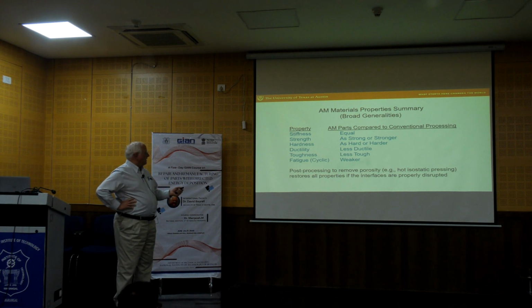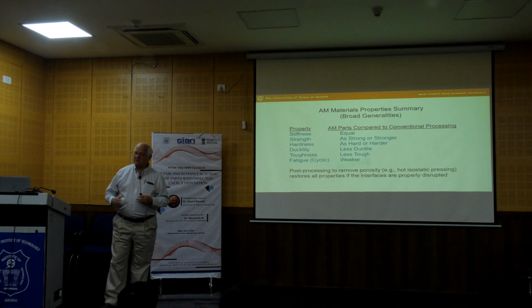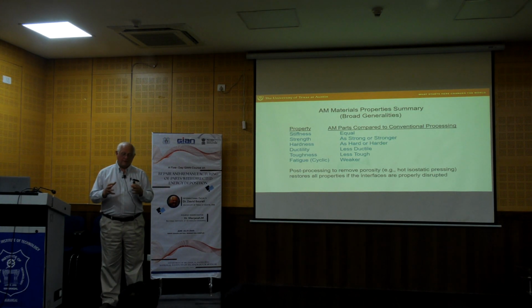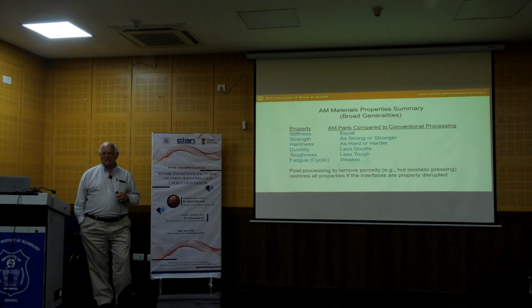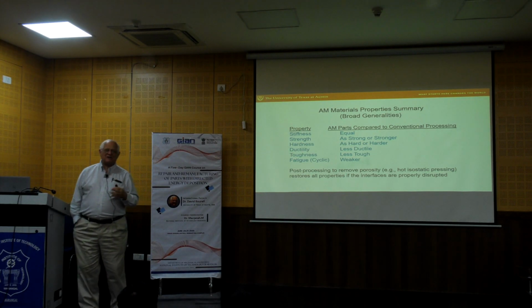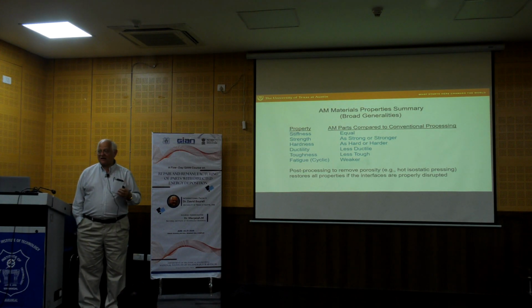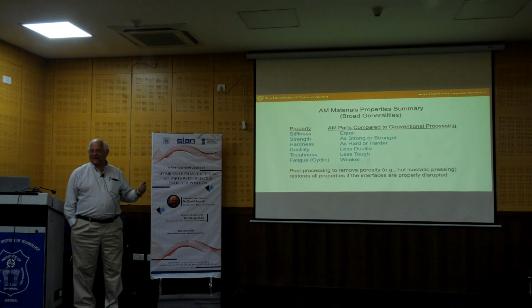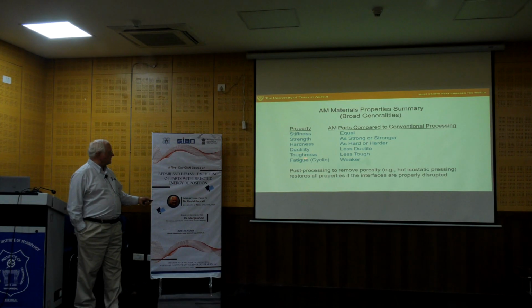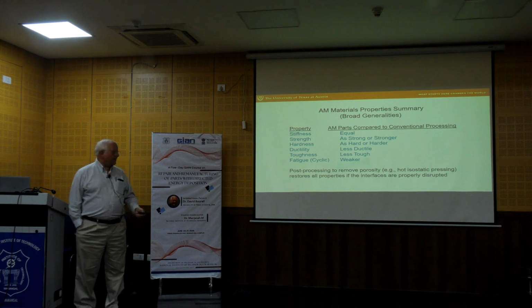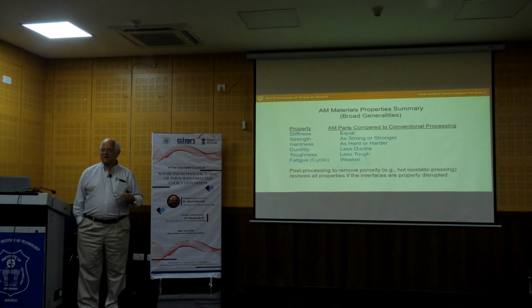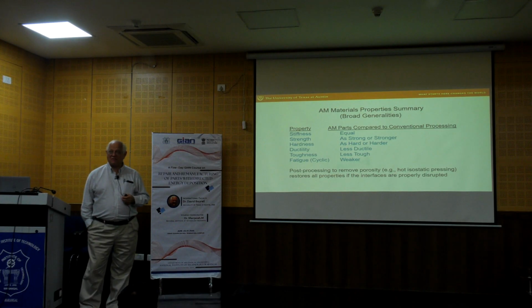So it turns out that the strength and the stiffness and the hardness are relatively insensitive to porosity, say, for example, or other defects. The ductility is, once we get to the ductility, it's a different story. Because the ductility, as well as the so-called dynamic properties, the toughness and the fatigue, are increasingly sensitive to defects. And the fatigue is extremely sensitive to defects.